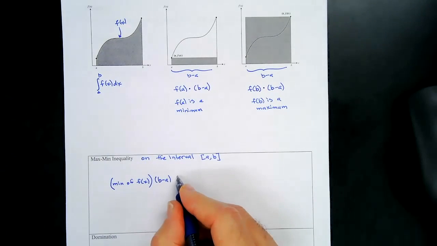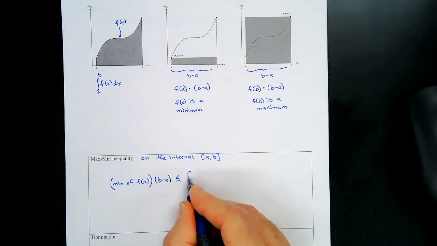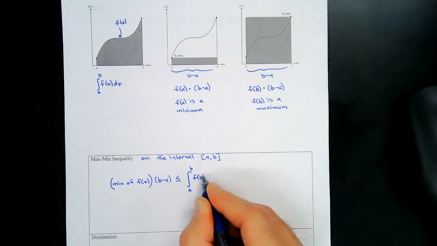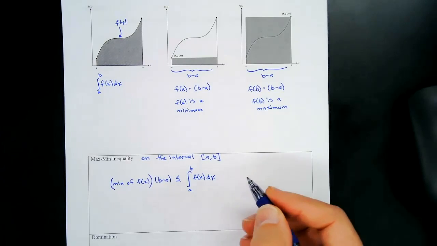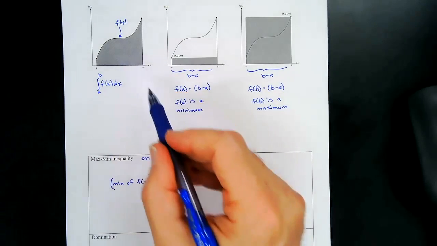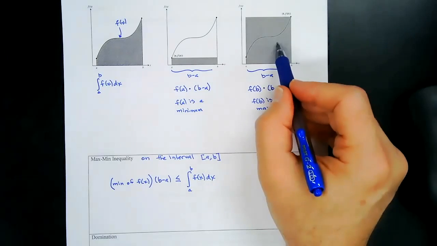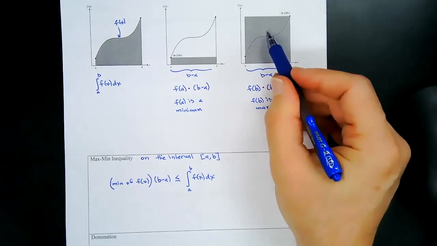So this is going to be less than or equal to the integral from a to b of f of x dx. But this integral is going to have to be smaller than this rectangle, because this is way more area. We have all of this up here that we're including.